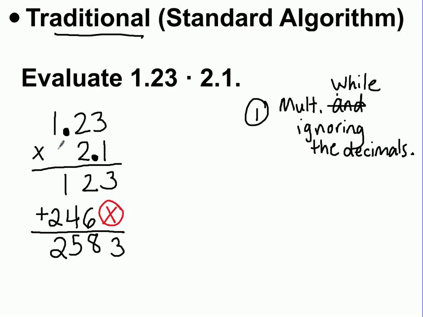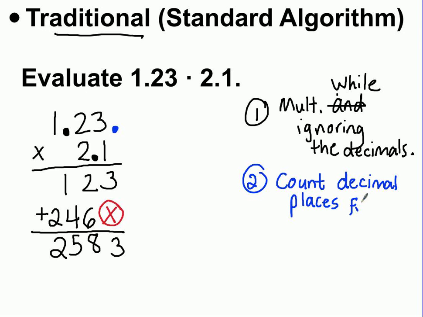But now we need to think about what happens when we have decimals. So one way to think about this is to count how many decimal places there are from the right. For example, this decimal point right here is 2 places from the right.